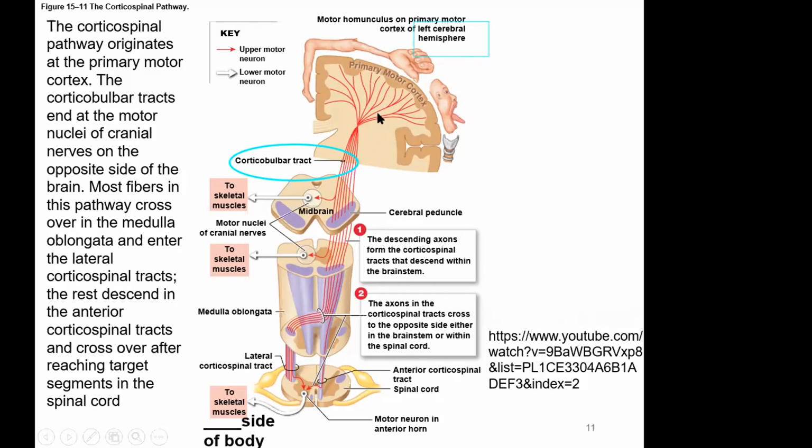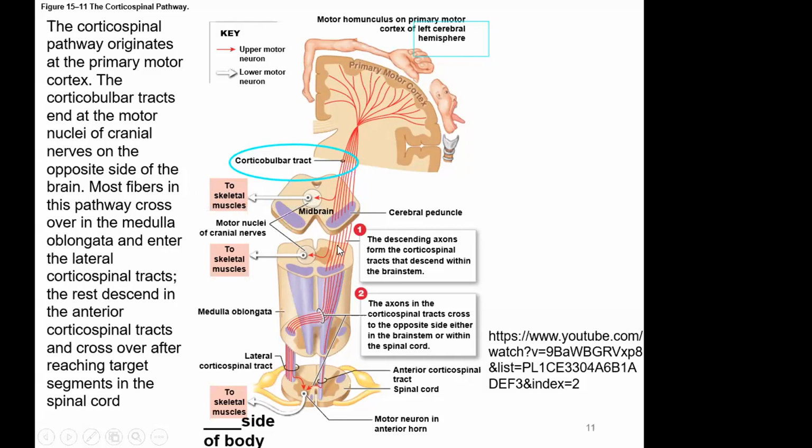Okay, so again, here's your picture. Primary motor cortex, precentral gyrus. We're in the left cerebral hemisphere. For the corticobulbar tract, remember, this is going to the motor nuclei of different cranial nerves in order to take it to skeletal muscle, so not extending beyond the neck area.